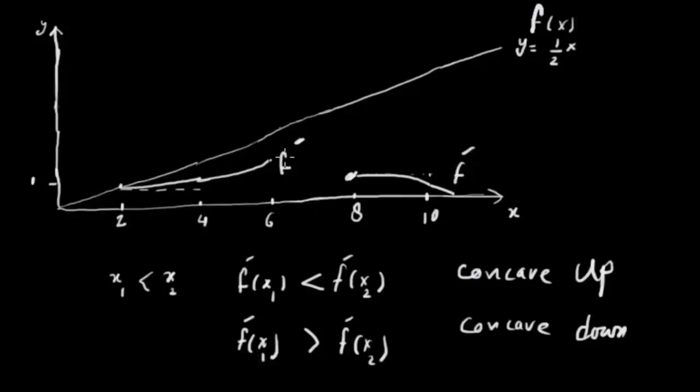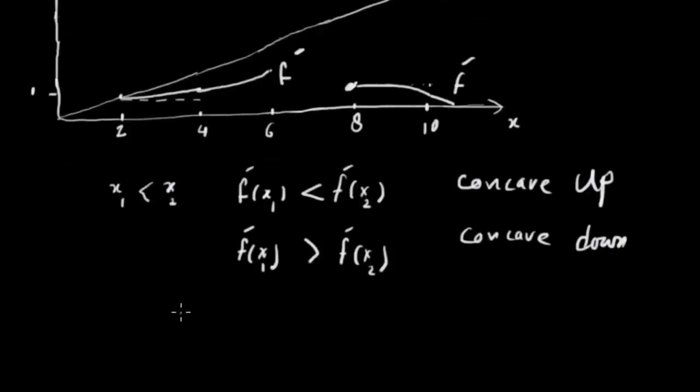So, which means the derivative of the derivative, which we call the second derivative, f double prime, at any point for this curved up case, will be greater than 0. So concave up also implies f double prime is greater than 0 at any point where the function is going to be concave up.